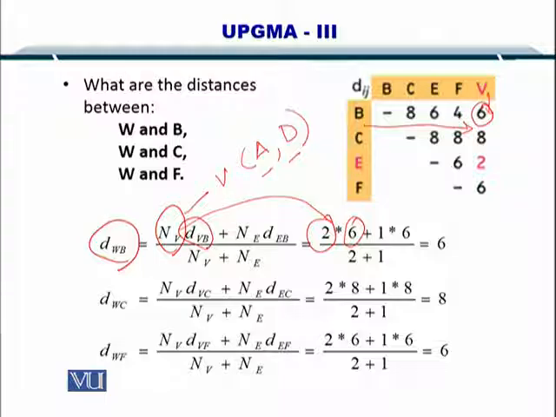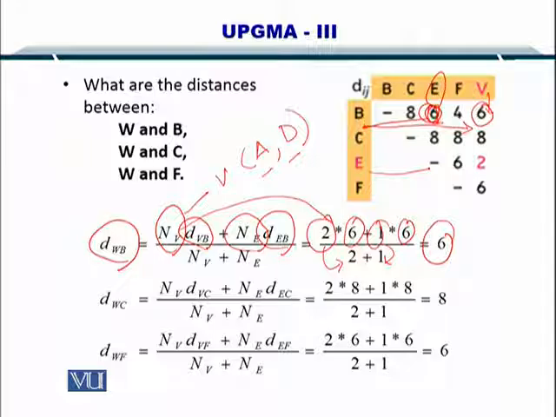And the number of sequences in E, so E is still one sequence, and the distance between E and B here is 6, and you divide it by the sum of 2 and 1, so the answer is 6. So hence the distance between W and B is 6.